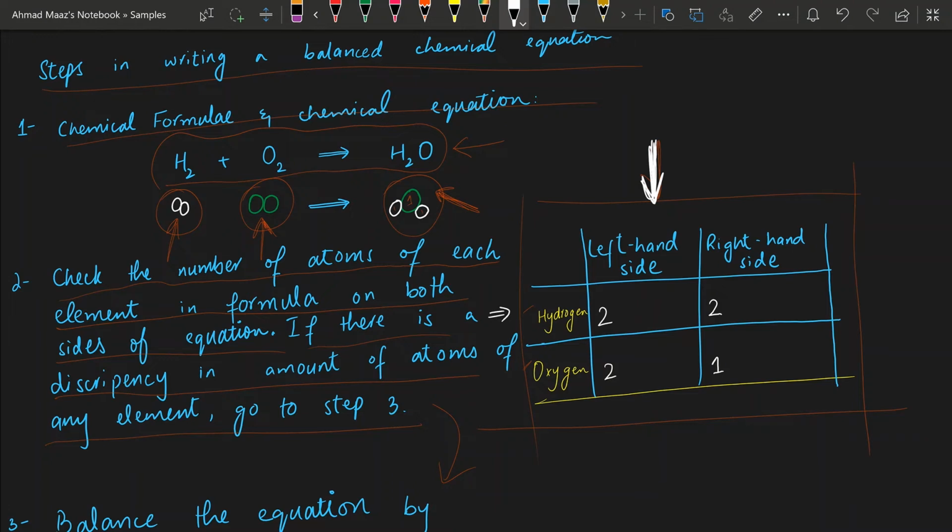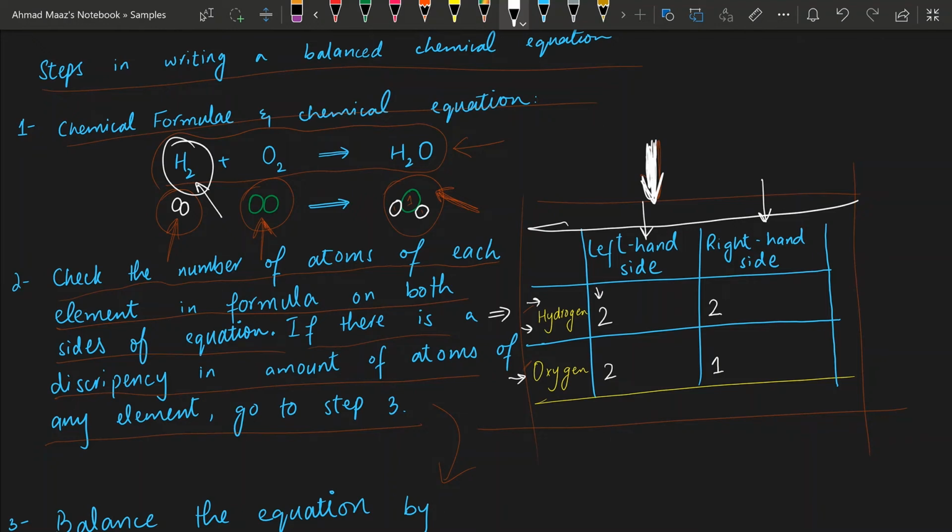So what you do is, you make this table. You write down the elements on the left hand side over here and the right hand side, and then you list all the elements that are present in the equation. Let's talk about hydrogens first. On the left hand side of the equation, we have H2. There is a molecule of hydrogen, and in each molecule there are two hydrogen atoms.